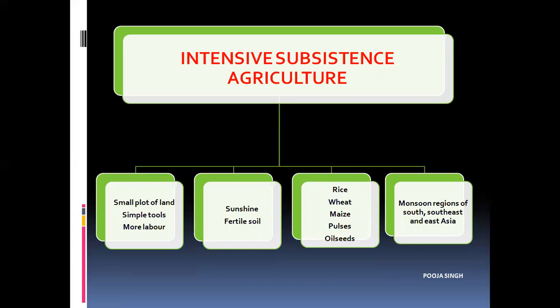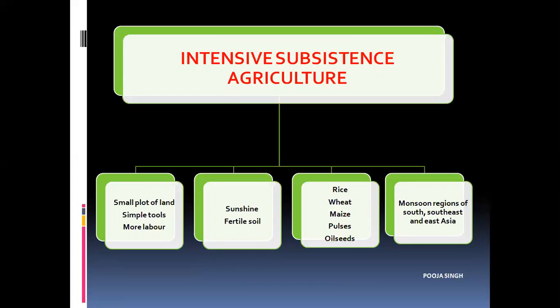Intensive subsistence agriculture. In this type of agriculture, the farmer cultivates a small plot of land using simple tools and more labor. Climate with large number of days with sunshine and fertile soils permit growing of more than one crop annually on the same plot.